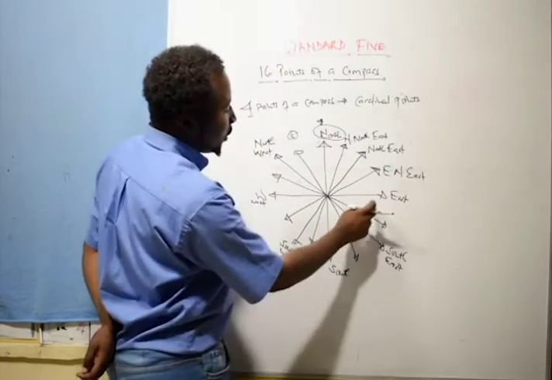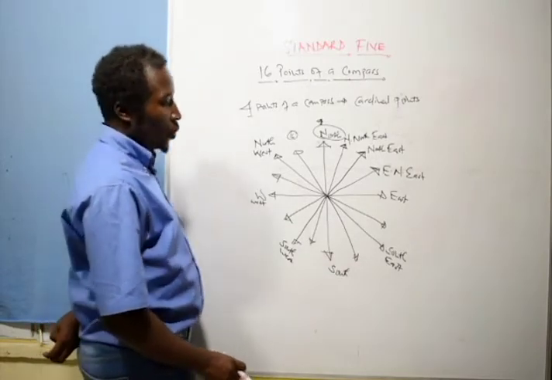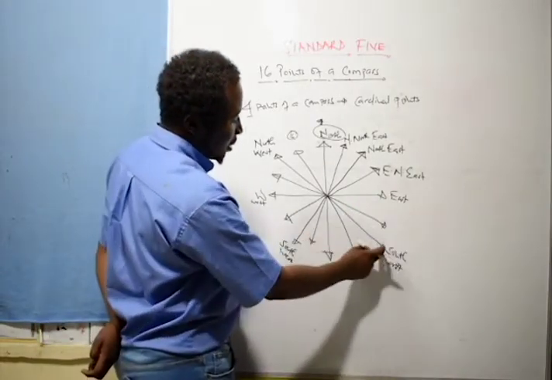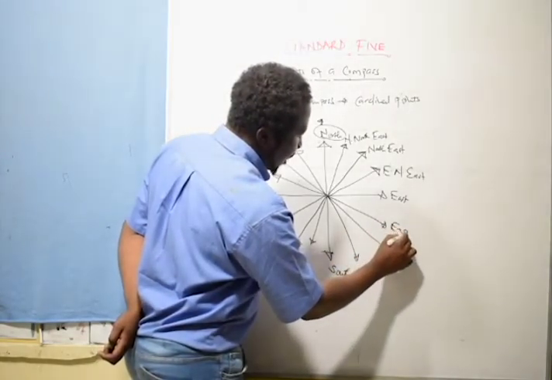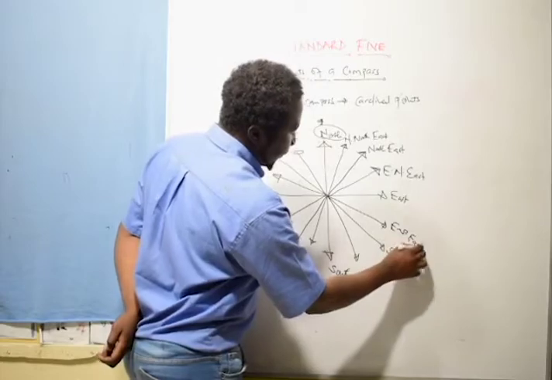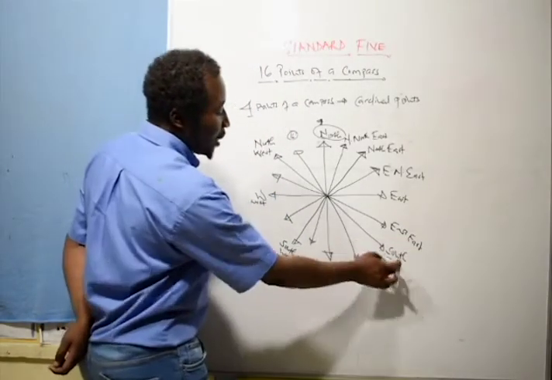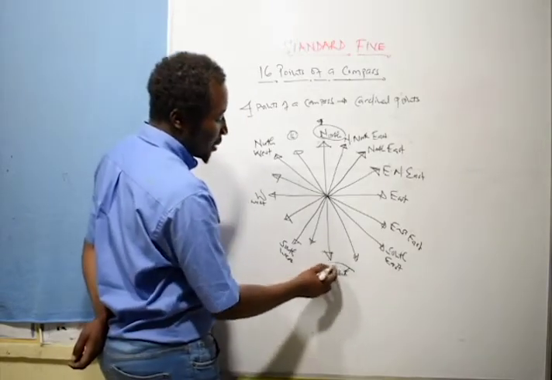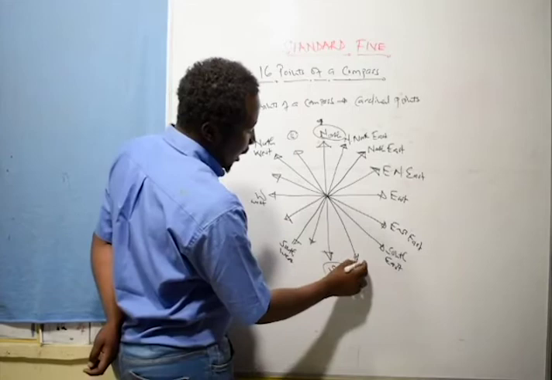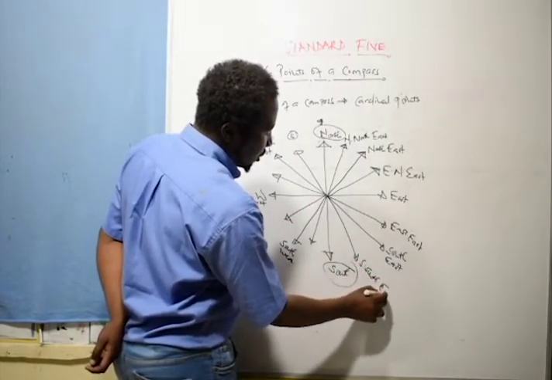Now, between east and southeast, what do we have? We say east, south, east. Now, between south and southeast, we don't say southeast, south. So we start with the one that stands alone. So we have south, south, east.